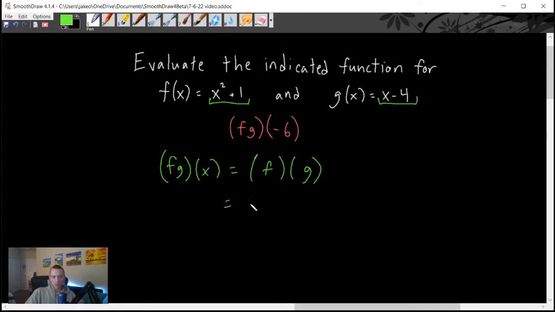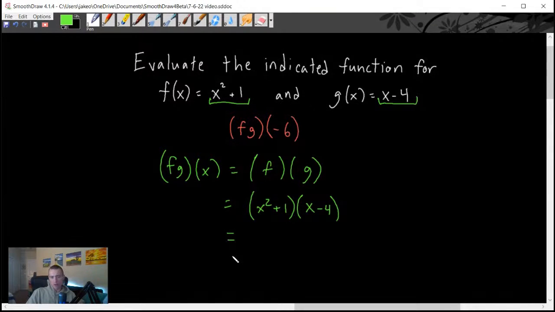So we should be able to basically just say (x squared plus 1) for f. Again, make sure that it goes in parentheses like this. And then times g is going to be times (x minus 4) in parentheses. So (f times g) of x would be written like this, (x squared plus 1) times (x minus 4), with each of those in parentheses.